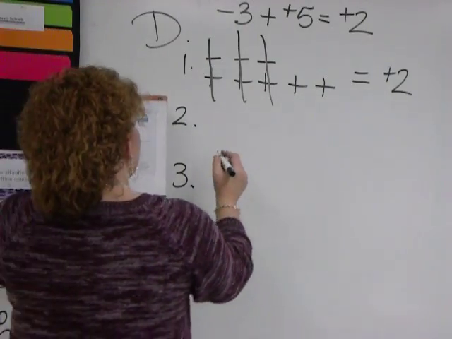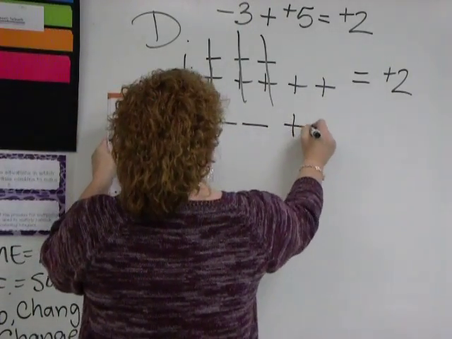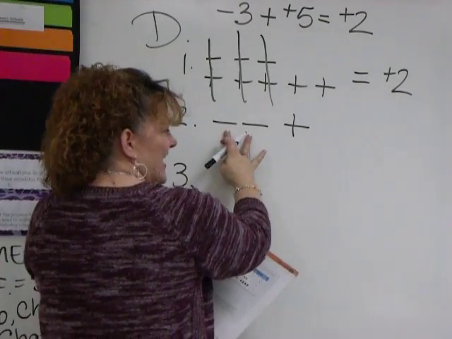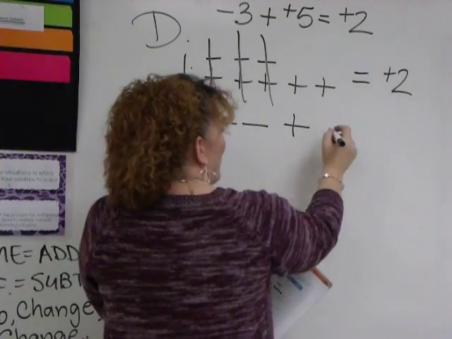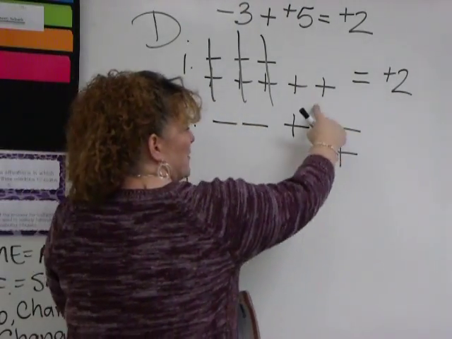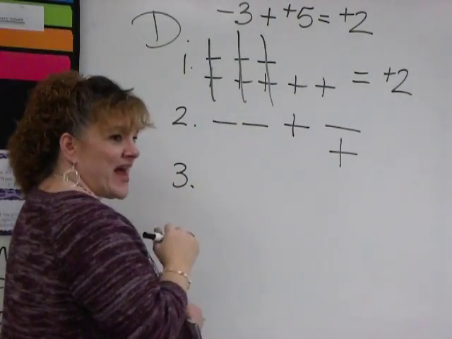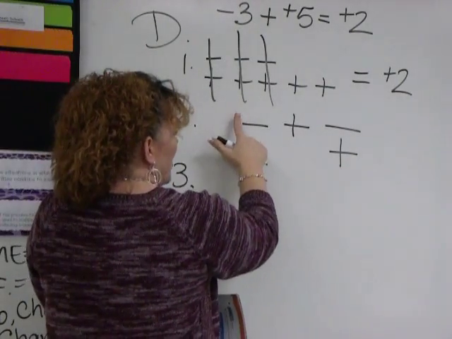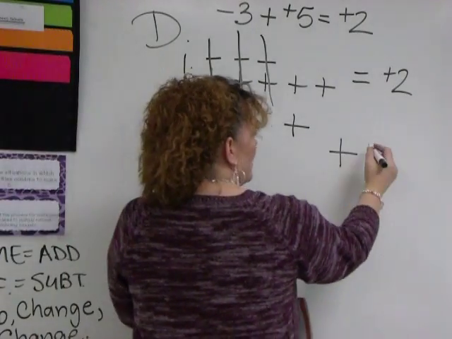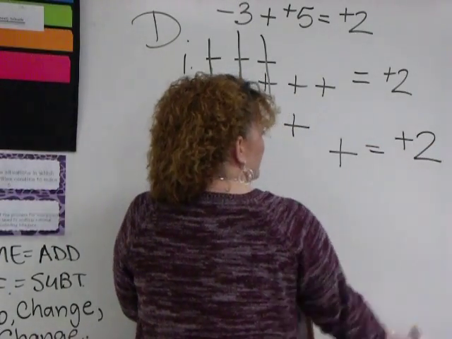Number 2 says I've got 2 negatives and a positive. They want me to subtract 3 negatives out. Well, I don't have enough to subtract 3 negatives out. So I have to put in a 0 pair, so I have enough to take out 3 negatives. And what's left? 2 positives.